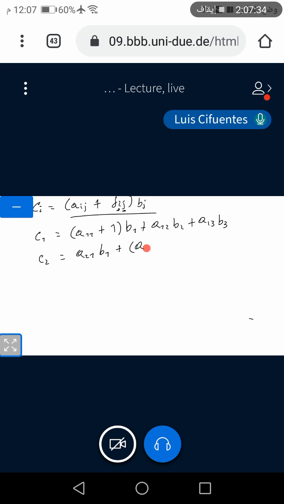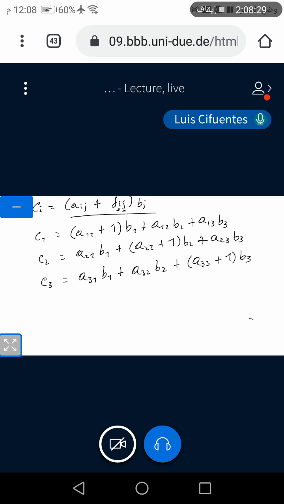Then A22 plus Kronecker delta 22, which is 1, times B2, plus A23 B3. The last component is A31 B1 plus A32 B2 plus A33, in this case the Kronecker delta 33 is 1, times B3.